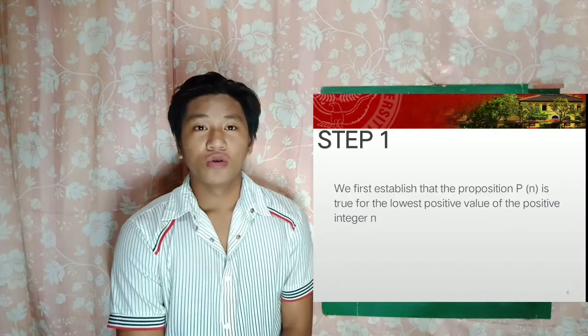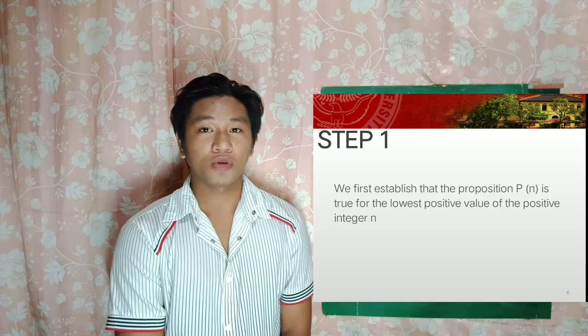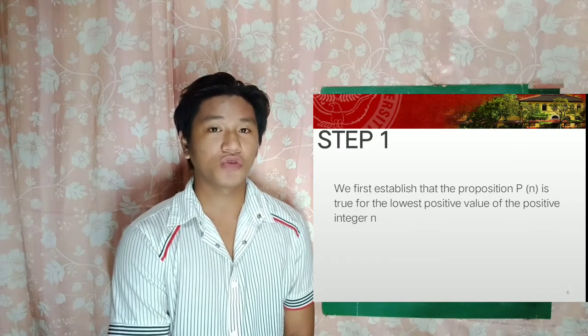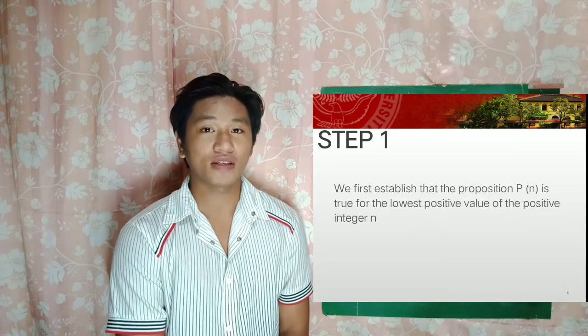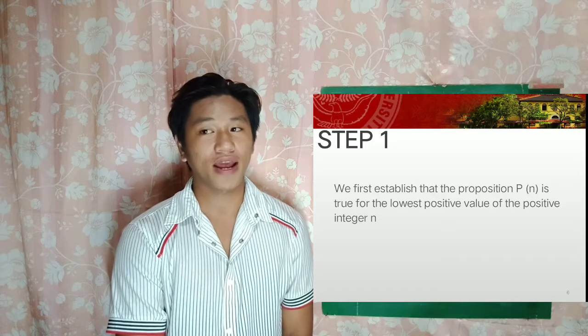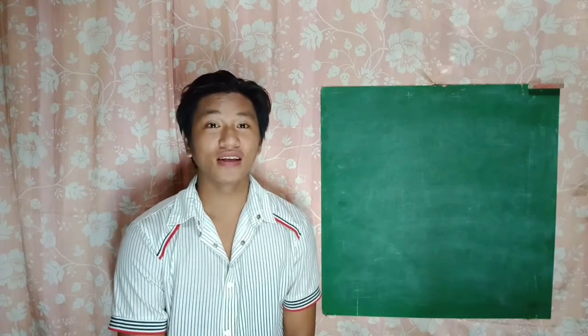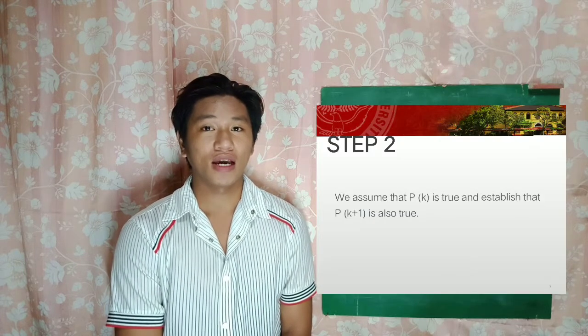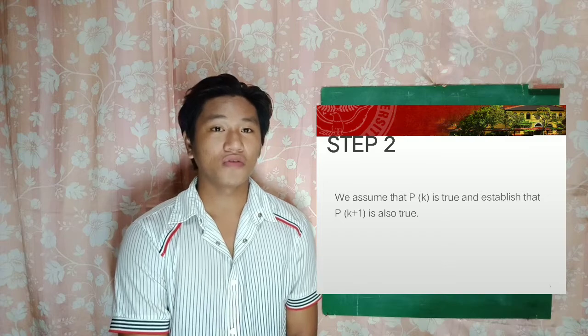First, we must establish that the proposition P of n is true for the lowest positive value of the positive integer n. Second, we assume that P of k is true and establish that P of k plus 1 is also true.